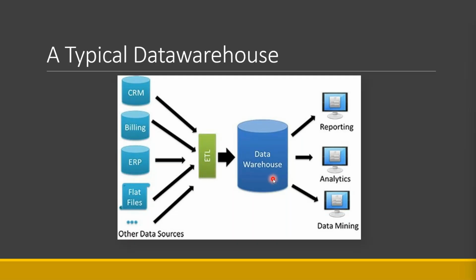But there are more steps involved, because the data from source can be database data or flat file data. So we have to fetch that information and move it to another layer, just to see whether CRM, billing, ERP, or flat file data, everything is visible in that second layer.